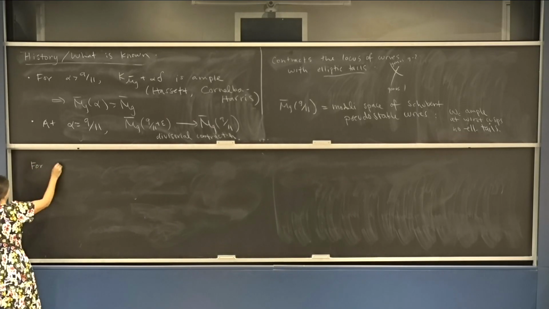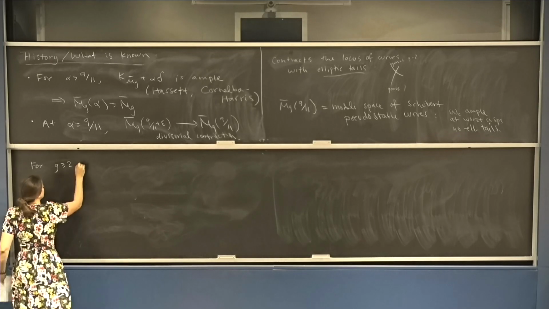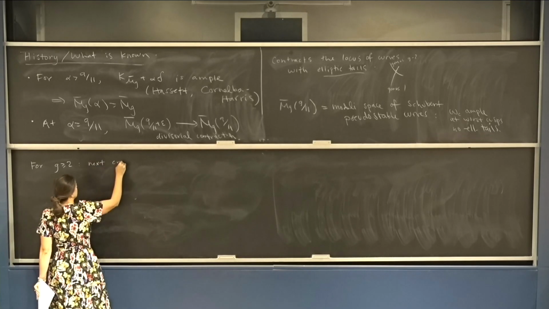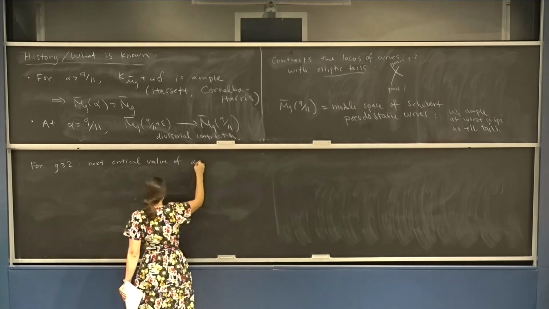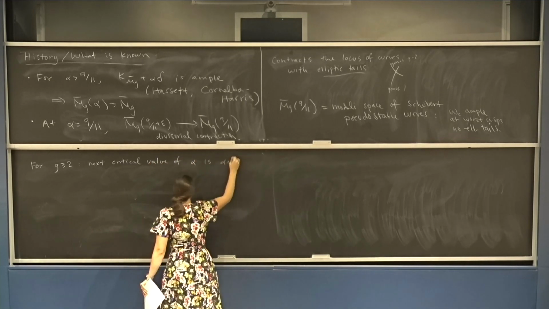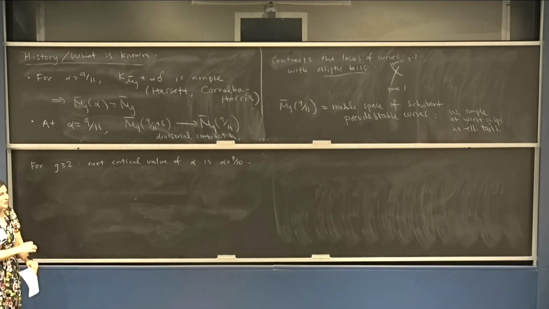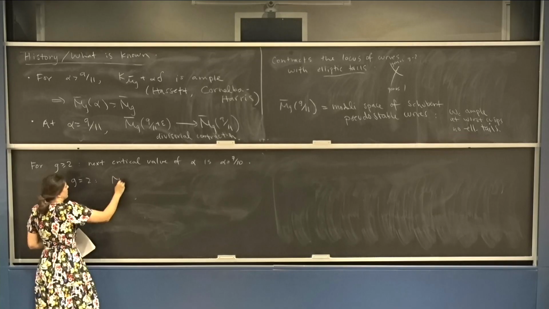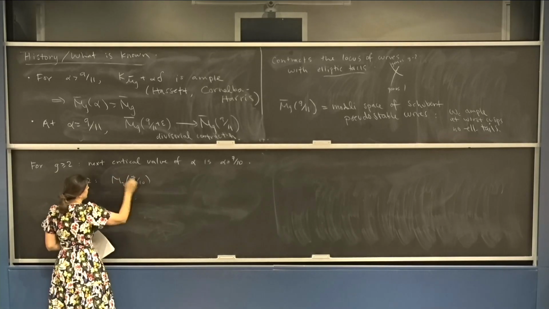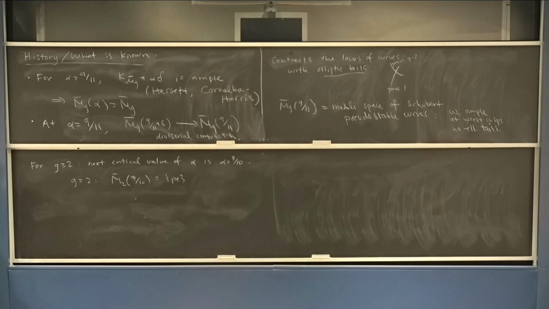There will be a change, but for all genus at least 2, the next critical value of alpha is 7/10. But something different does happen for genus 2. At genus 2, this is just the end. When g equals 2, this moduli space at 7/10 is just a point. This divisor is trivial. This K_X plus alpha delta is trivial, so the moduli space goes away.